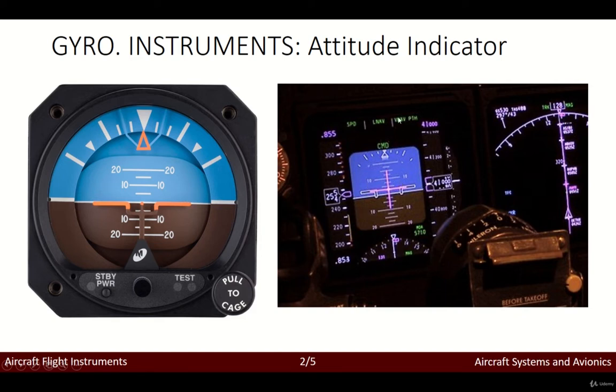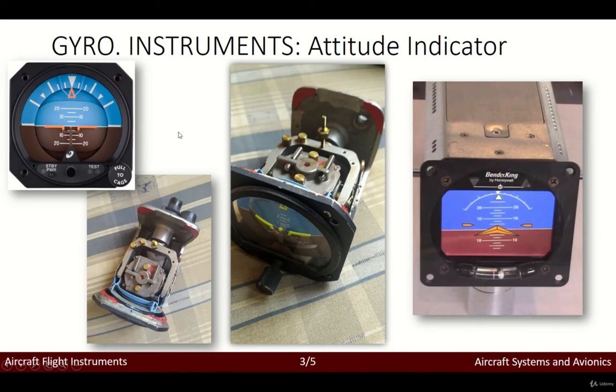This is the electronic one, as we said, and if we look a bit more into detail at what this attitude indicator looks like, as we discussed before, these are gyroscopic instruments, so they are based on gyroscopes. A friend of mine works at the airport, and he usually does maintenance on different types of aircraft, especially civil aircraft, which means little aircraft with very simple instruments, the most basic instruments.